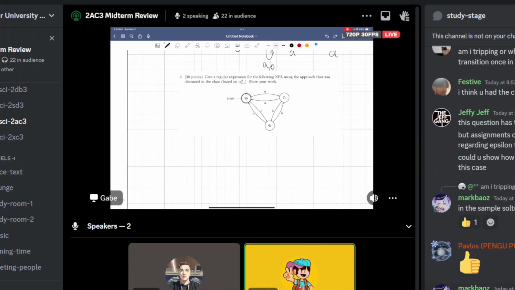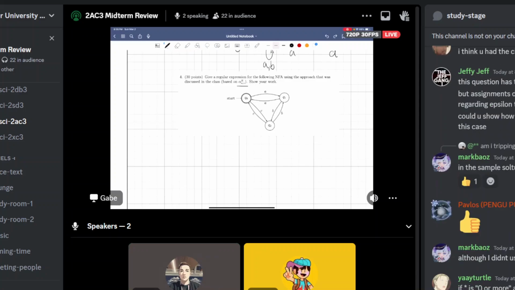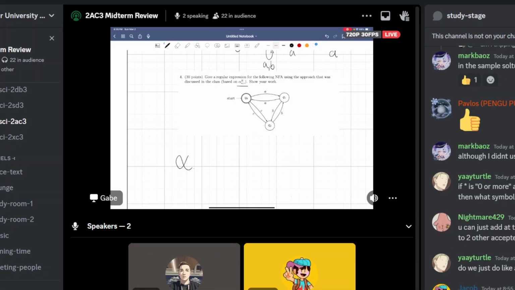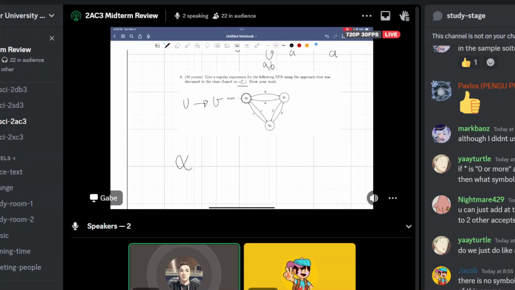Okay, yeah, go ahead. So we want to do the regular expression using the recursive definition. The way regular expressions can be represented with that formula he showed in class is that alpha here is the regular expression. If we want a regular expression for the entire NFA, then remember, an NFA accepts if you go from the start state to some final state, passing through any state in the NFA.